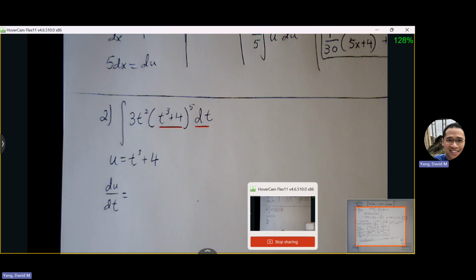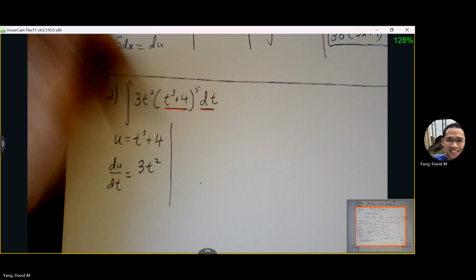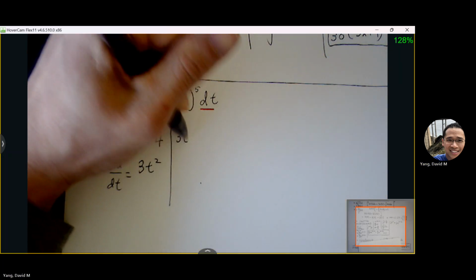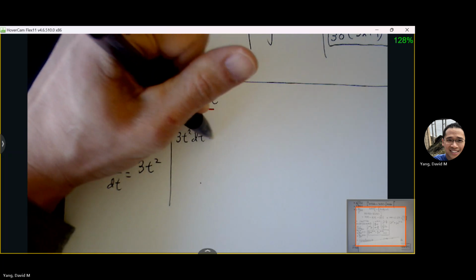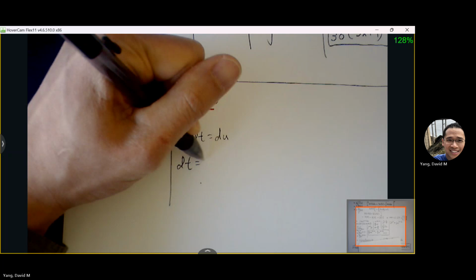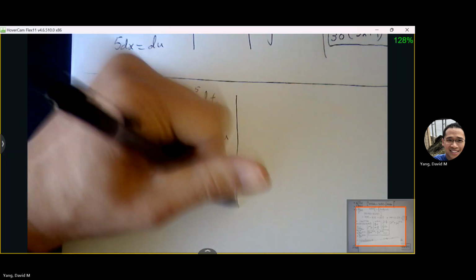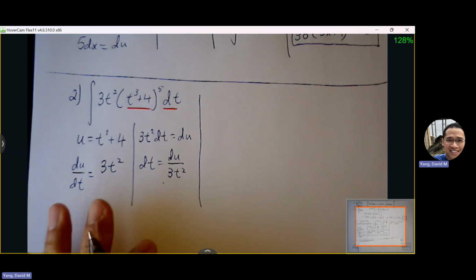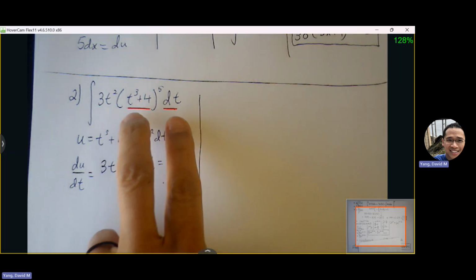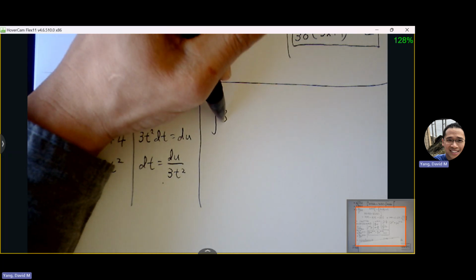Hey, derivative is 3t squared. Go ahead and cross multiply. Get that dt by itself. Rewrite your problem, but only replace what we've underlined. Everything else we want to keep.